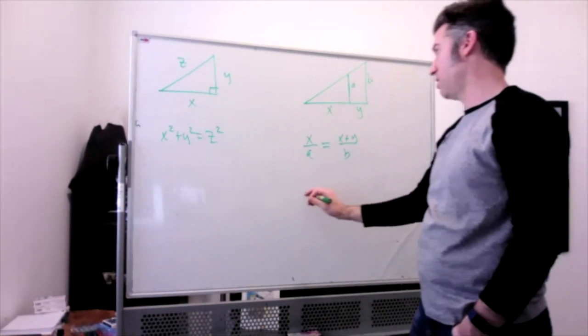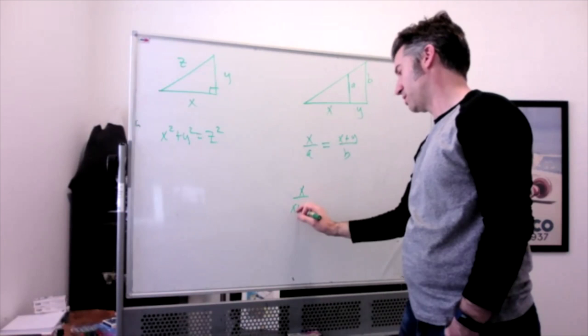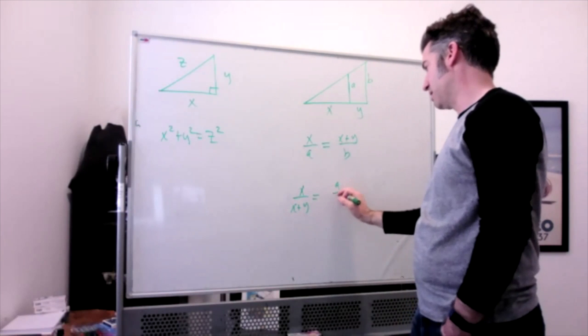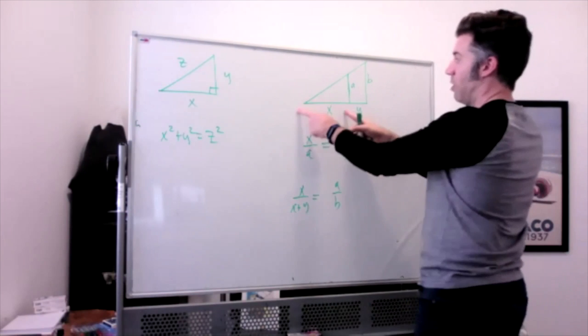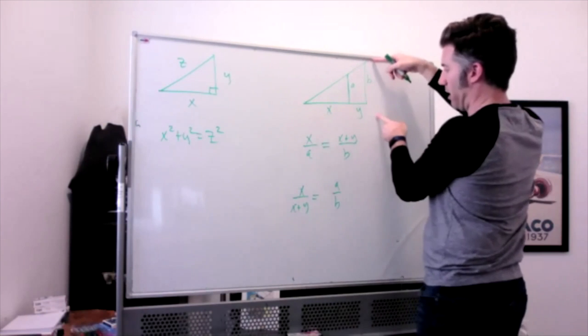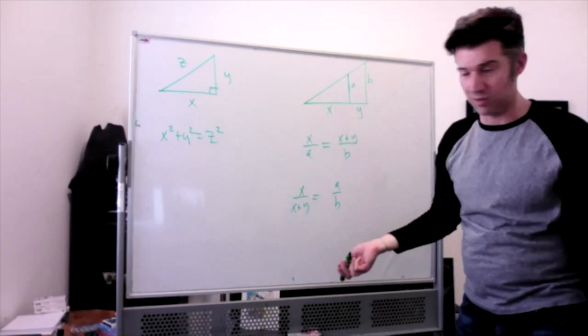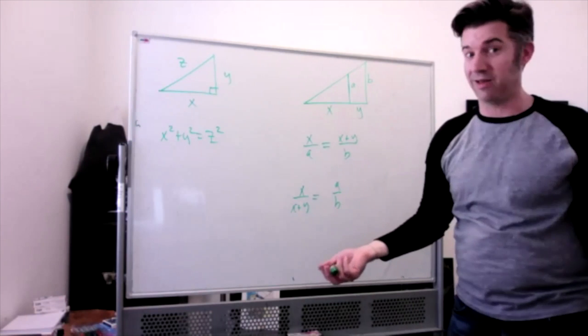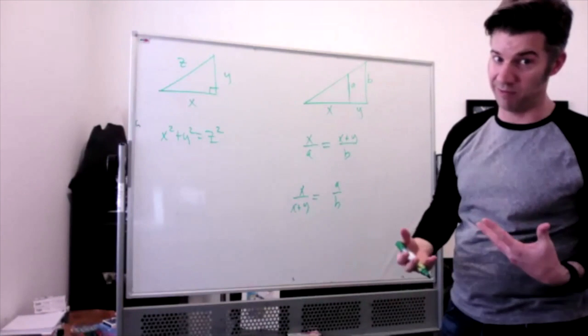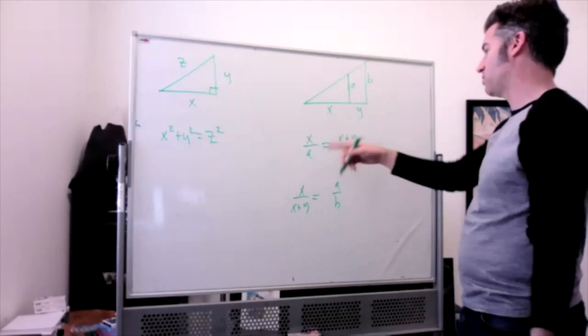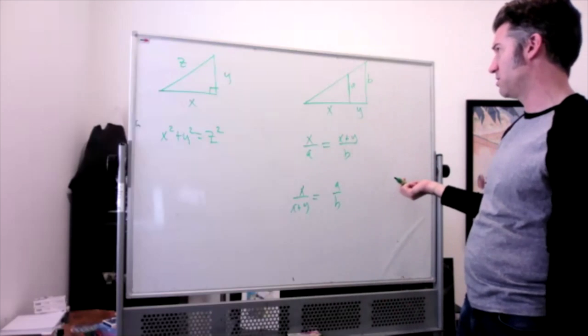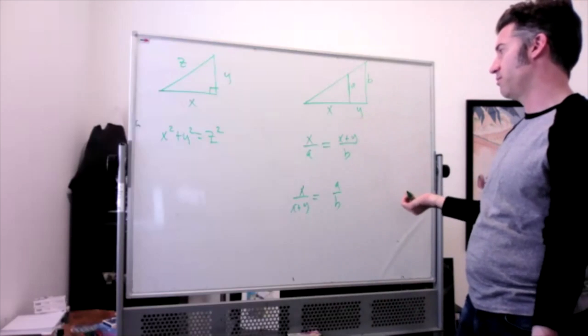Or you could say x is to x plus y as a is to b. Small base to big base is small height to big height. Or you can write all sorts of different ratios. Really, you could write 6 different ratios because there are 6 different trig functions. You could also flip either one of them.